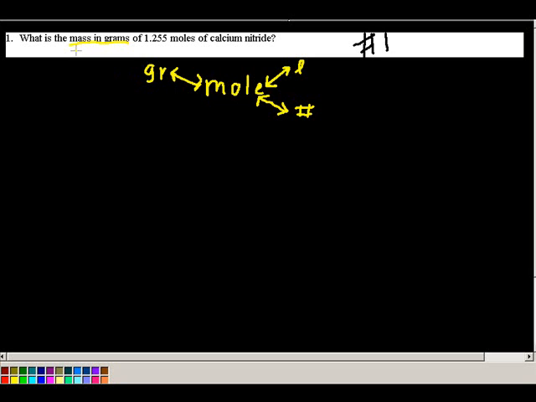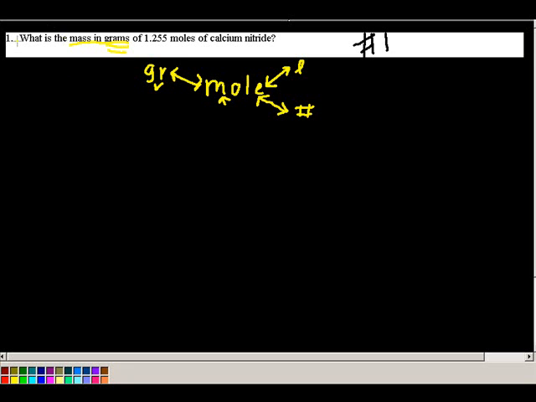In this problem, it's asking for the gram value, so what is the mass in grams, and you're told the number of moles. So that's going to be a one-step problem. However, whenever you see a weight value, whenever you see grams, you must first calculate the molar mass of that material.